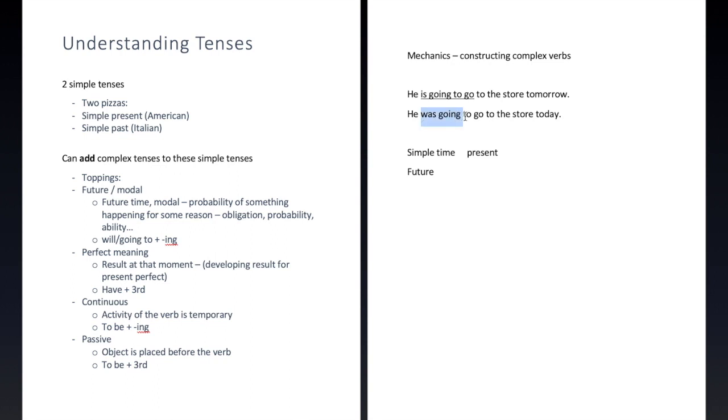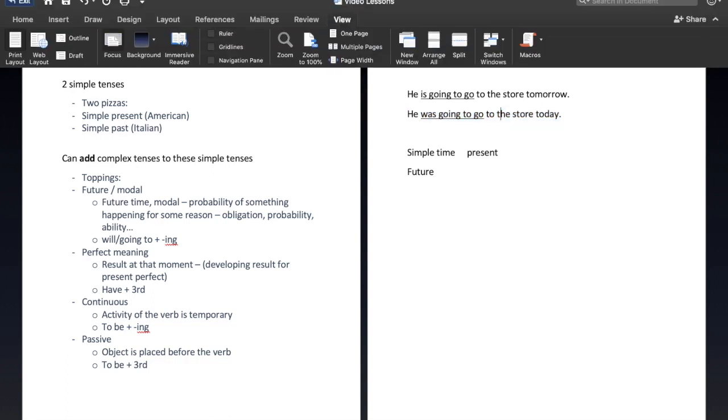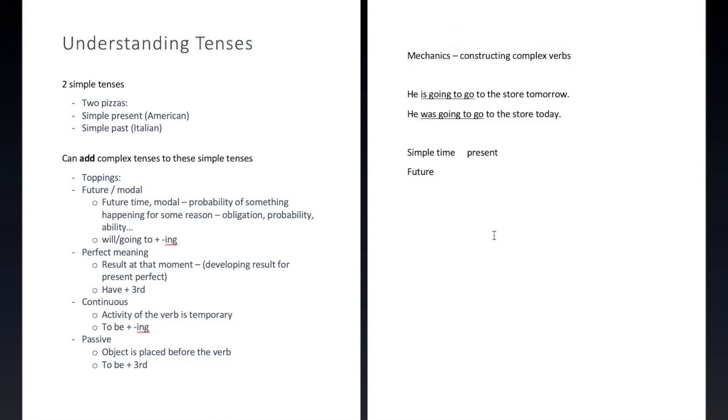So he was going to go to the store today. So you see, we can have the future in either the present time or the past time. It may seem strange, but if you think about it, that's what's really happening here. So the future is actually just a layer on top of one of our simple times. Here's our American pizza, simple present, with the future layered on. And here's our simple past with that layered on too.